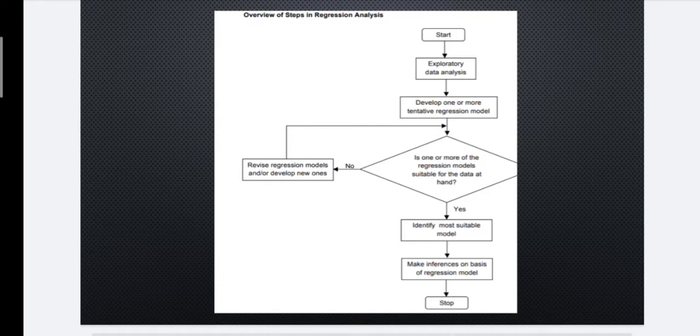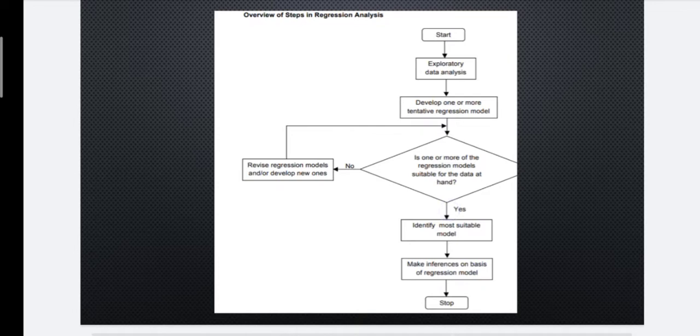So we need to check all the assumption. Okay, setiap regression model kita ada assumption, certain assumption. So we check dulu the assumption. Kalau all the assumption is fulfilled, baru kita boleh proceed kepada yes. Okay, kalau tak, kena revise the regression model and check balik dia punya assumption. Okay, if yes, we identify the most suitable model.